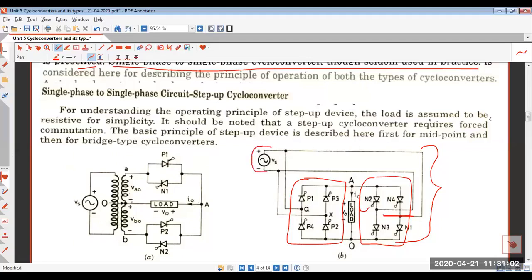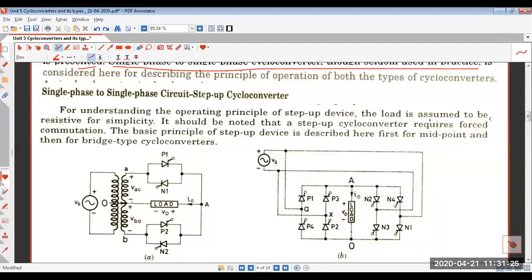Supply is single phase, which is AC in nature. Now you will think that if input is AC and output is also a frequency based signal, then why is forced commutation used in these SCRs? That we will understand, why forced commutation is also used in cycloconverter circuits.